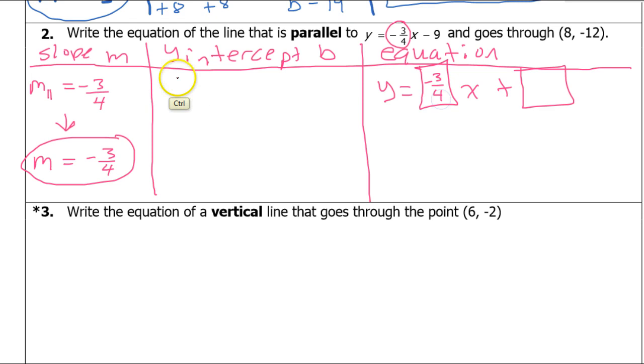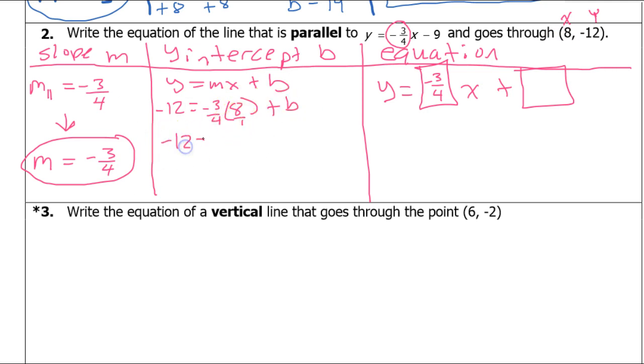Now I'm going to find the y-intercept using y equals mx plus b, and realizing that they gave me an x and a y right here. Starting with the y, I have negative 12 equals, m is negative 3 over 4, x is 8, plus b. This is like 8 over 1.